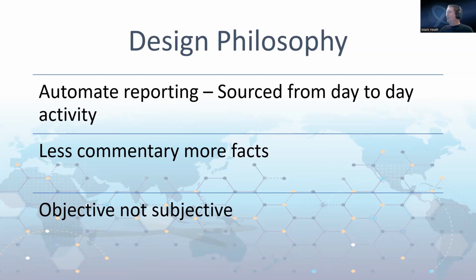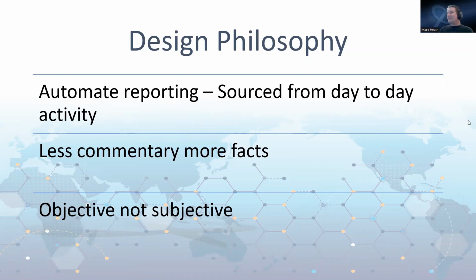It also means you can rely on the fact that the data is more objective. And as you'll see through the presentation, if you're using UniPhi for that reporting rather than an unstructured document like a PDF or PowerPoint, you can actually get more information if needs be. So a consumer of the report, if the report's designed well, should be able to find additional information if they need it.